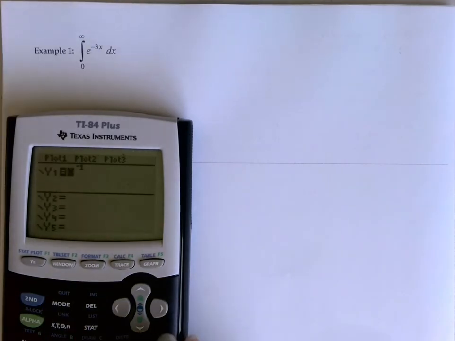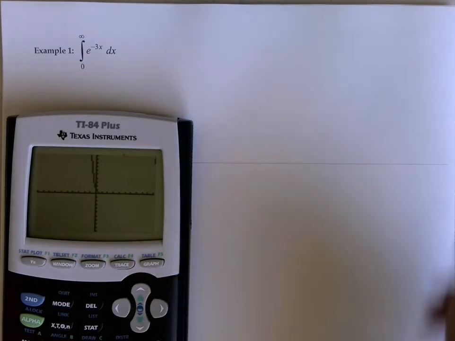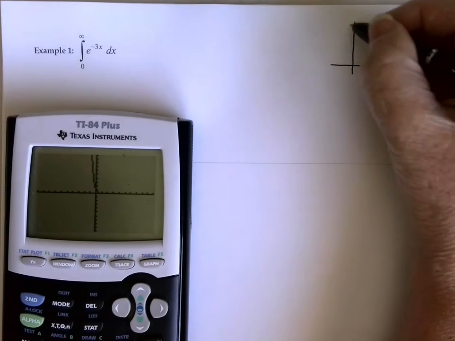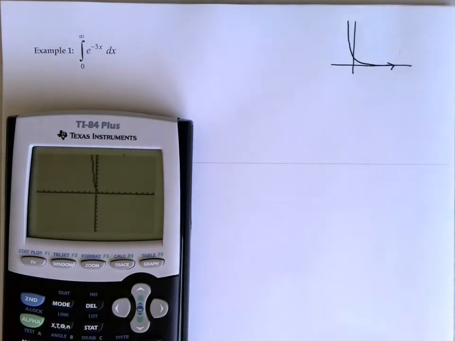I know it's an exponential decay function, but I'm just going to quickly put it on a calculator graph. Y equals e to the negative 3x. And unsurprisingly, we get this exponential decay picture, like so.